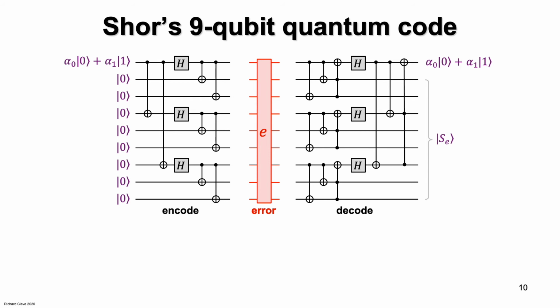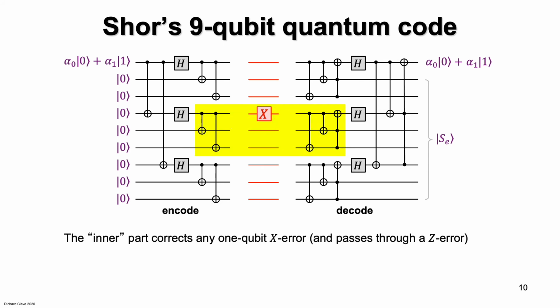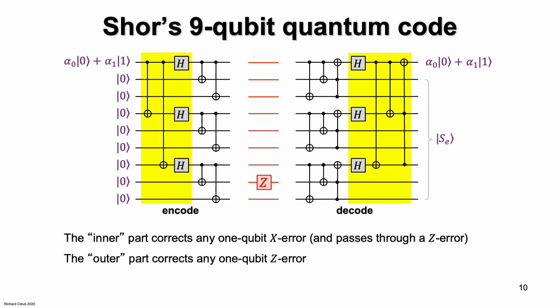What happens if there is an X error? It is corrected by the inner part. What happens if there is a Z error? A Z error passes through the inner part, and then the outer part corrects it.